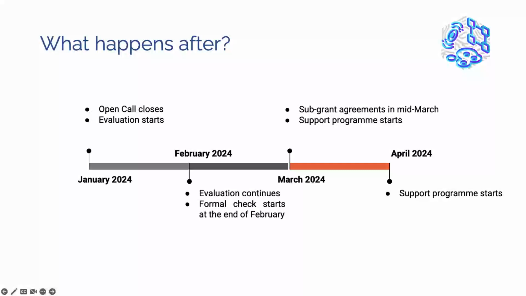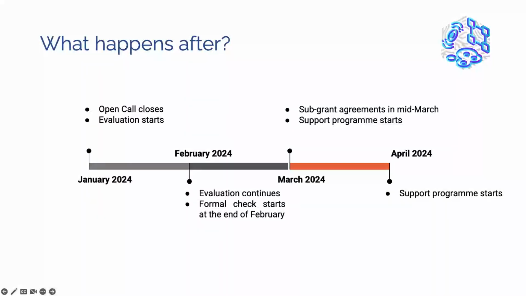So what happens after the open call closes? Once the call closes on the 10th of January, the evaluation will kick off right after. It's almost a 2-month-long process, so you will not be hearing from us for a while.